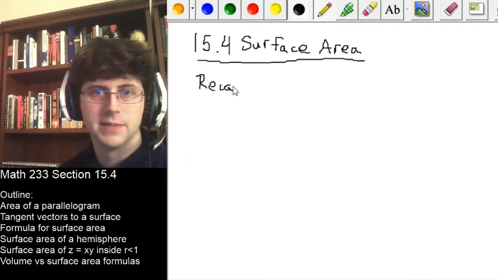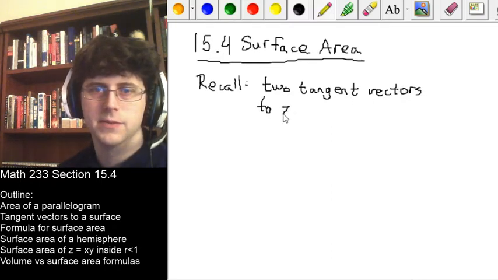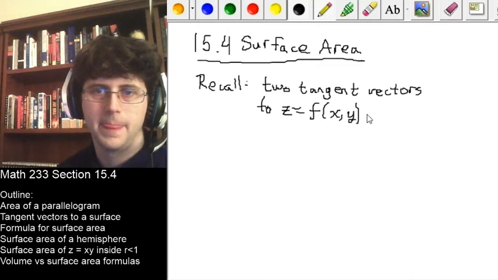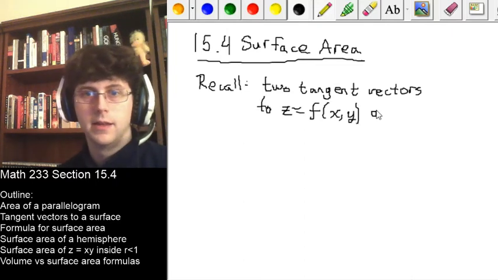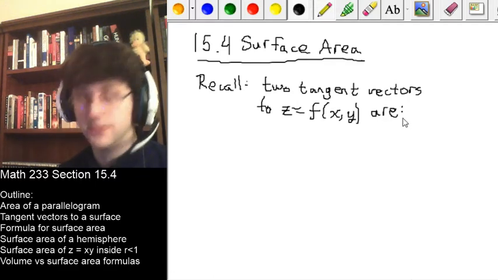Luckily, we made some a long time ago. You can get two tangent vectors to any surface kind of for free. So two tangent vectors to z equals f of x, y. There's lots of tangent vectors, but these are the two free ones that you get with partial derivatives.